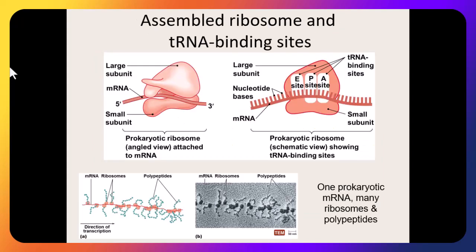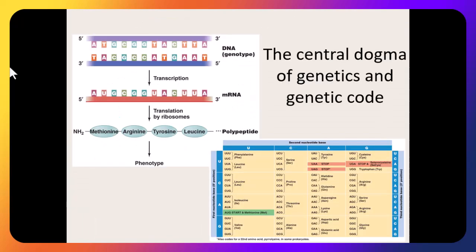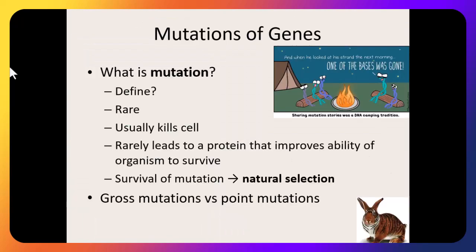But there's an issue. There's a reason why we haven't gotten to that yet. Is mutations can happen in DNA sequences. So a mutation just means any change in a DNA sequence. Any change.